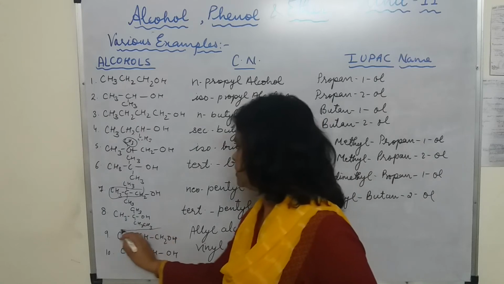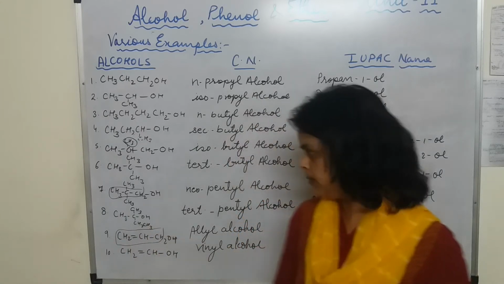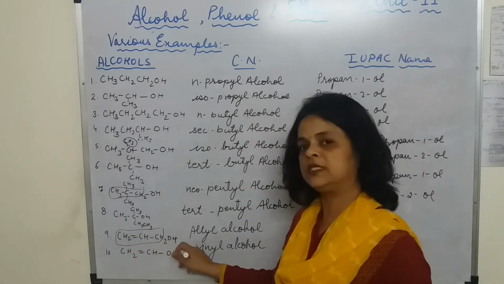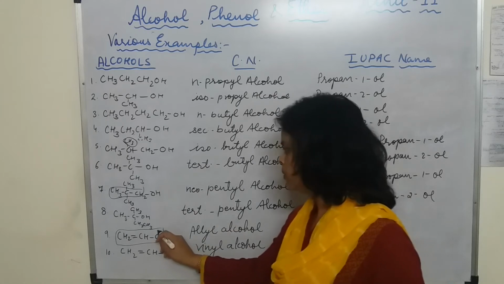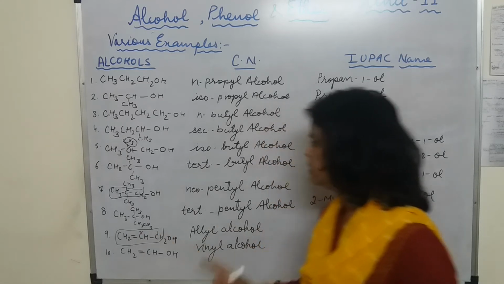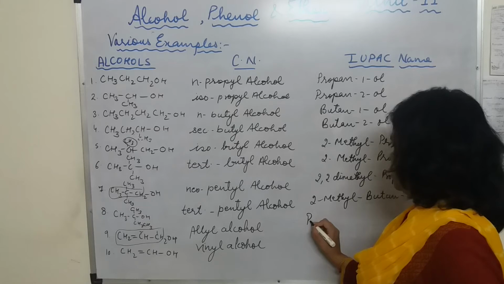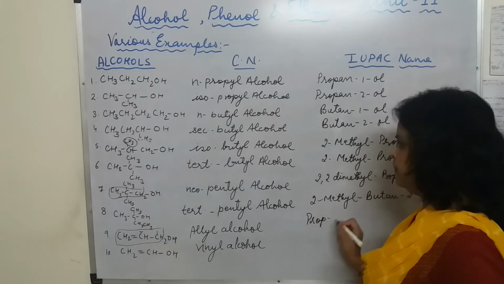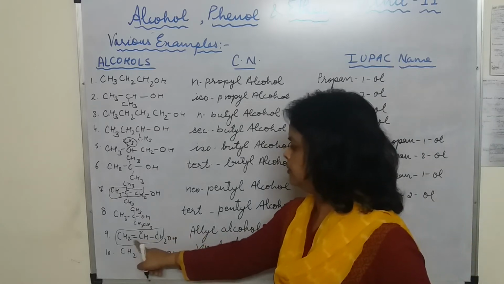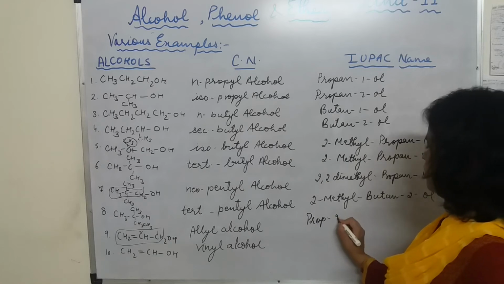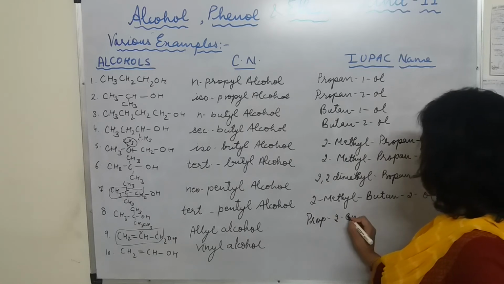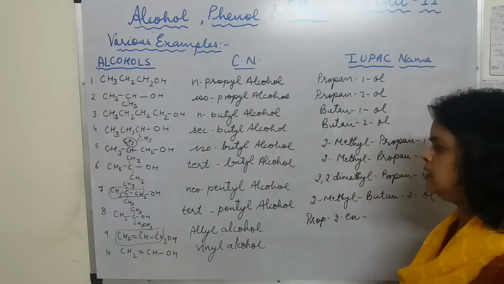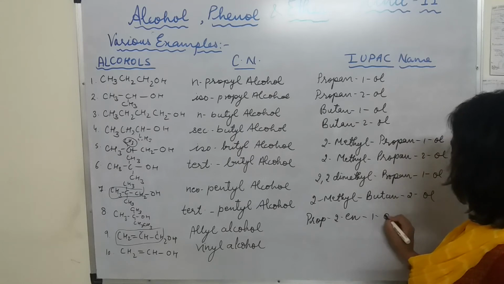Okay. Now for this, how we will write the name? This is the chain of 3 carbon and the numbering will start from this end because there is a functional group 1, 2. So prop. After second carbon there is a double bond, so we will write prop 2-ene. Then 1-ol.